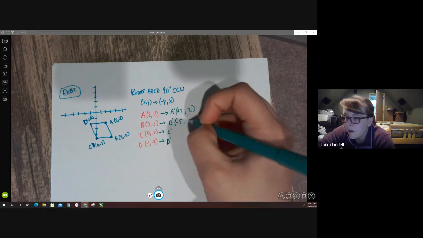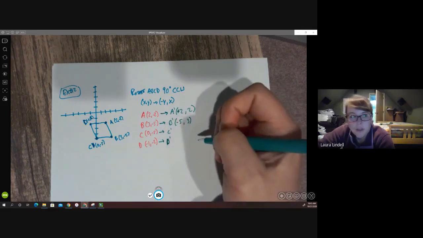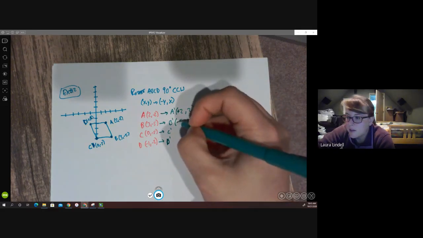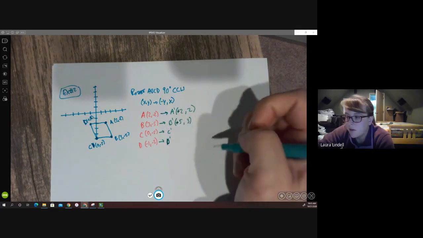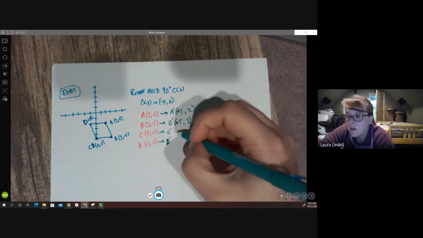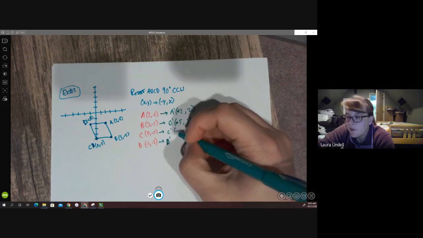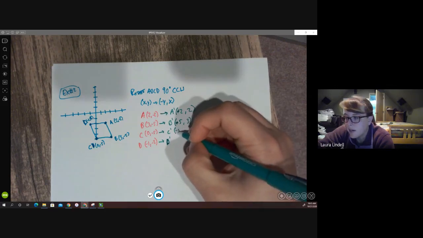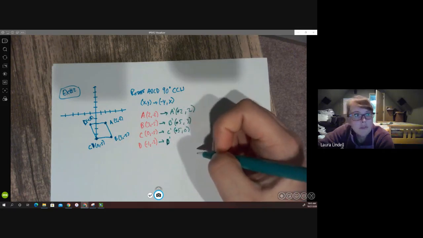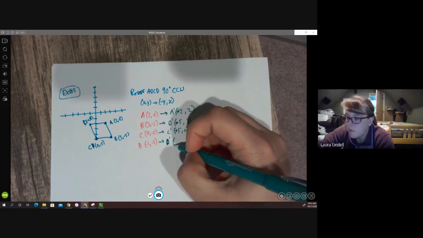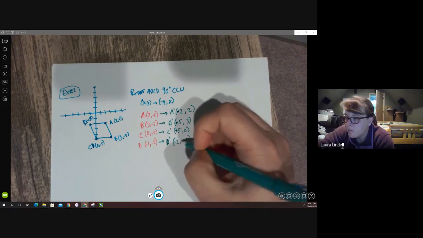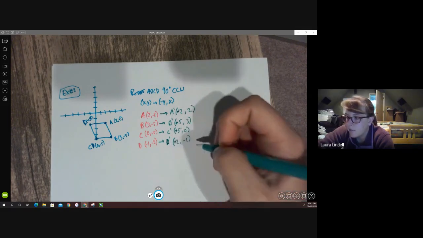We got -5, 3 if we just switch them. But I need to change the sign on this one, so it becomes +5. With C, we do the same thing, switch them to -5, 0, but then we change the sign on this one to make it +5. And then on D, we do the same thing, -2, -1, but we change the sign here to make it +2.